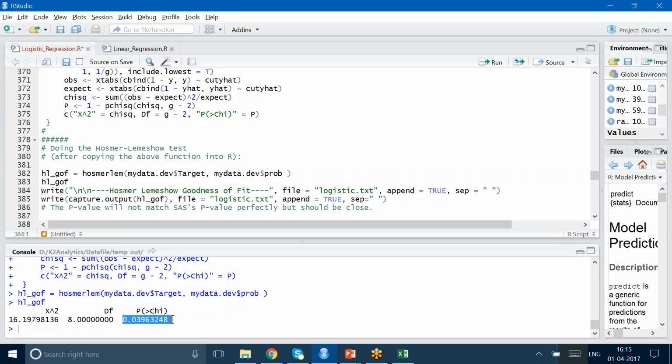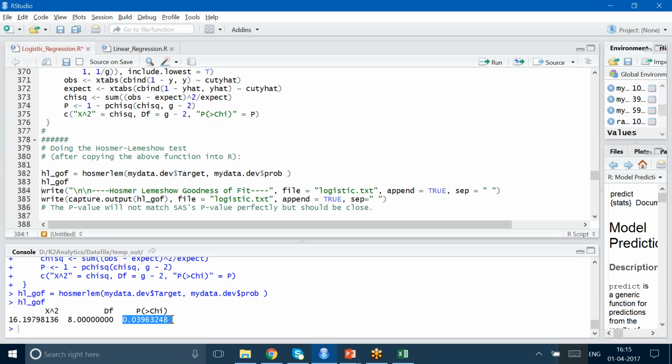If the p-value is coming as 0.039, should I accept the model? What is the objective?